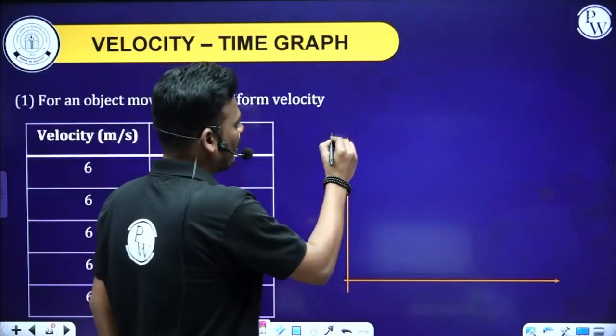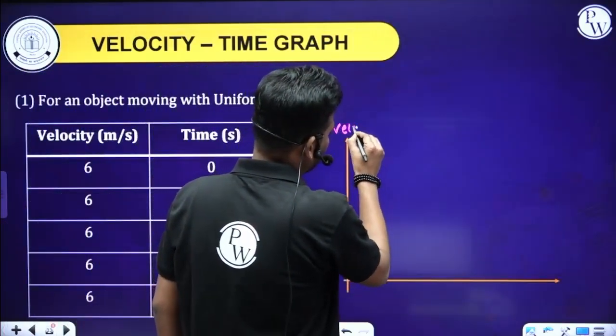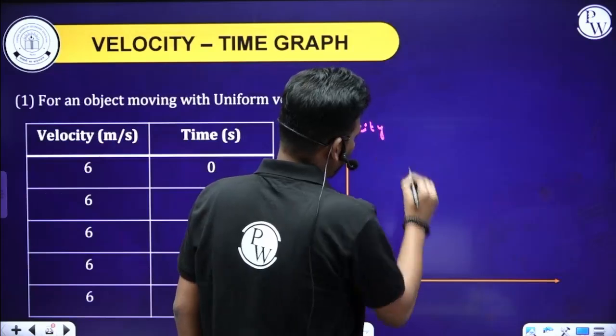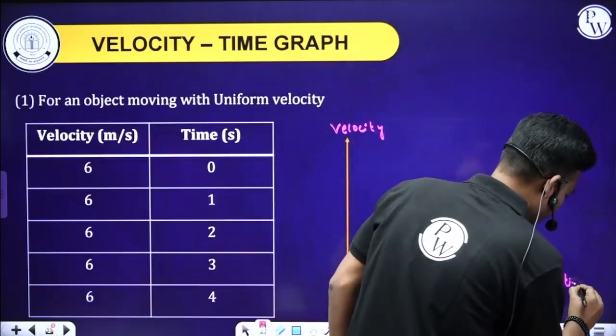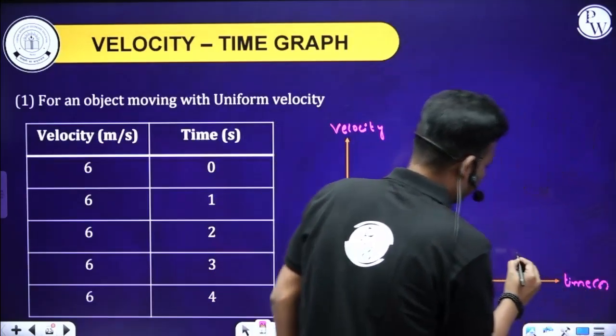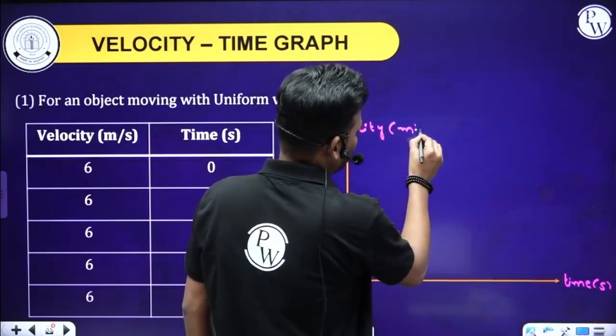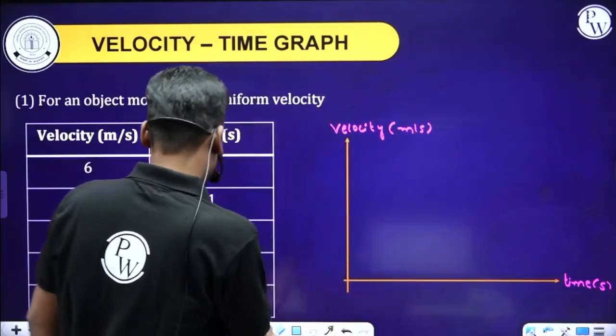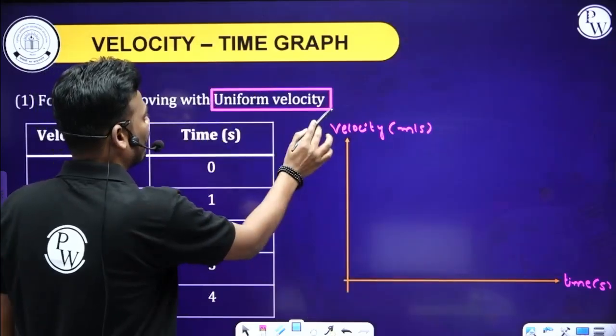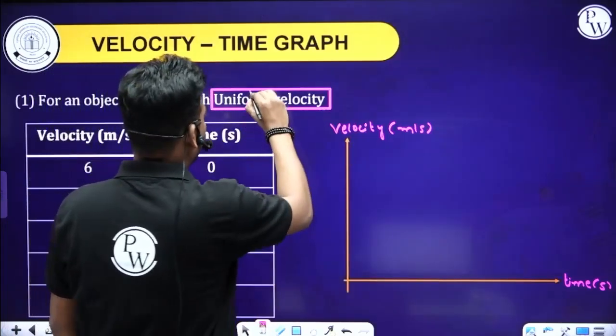So here along the y-axis they have given velocity, and along the x-axis time in seconds, and velocity in meter per second. Now, the first case, uniform velocity. Uniform means the same.